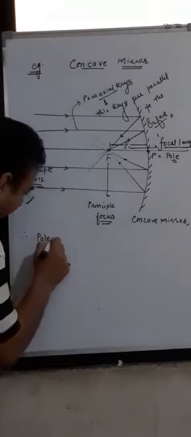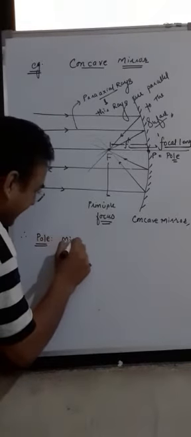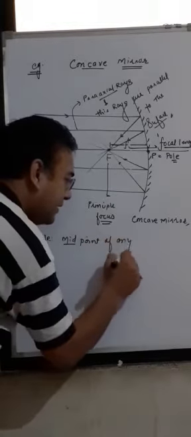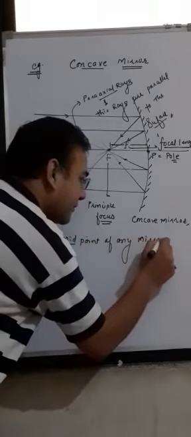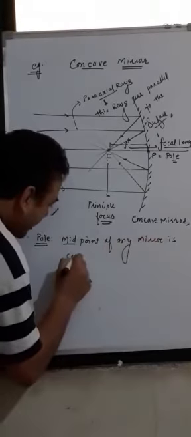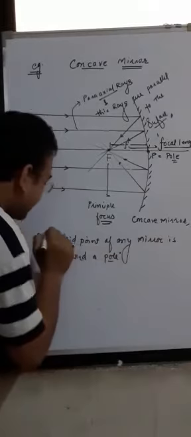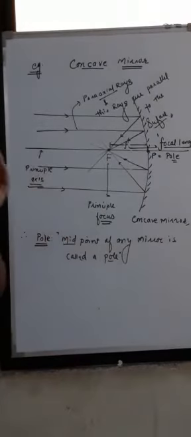First of all, pole. Very simple: the midpoint of any mirror is called the pole. It's a very simple sentence.